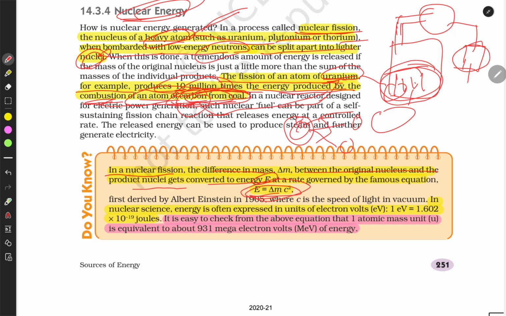This extra mass converts into energy, not electricity, sorry. So this is how mass and energy are converted.